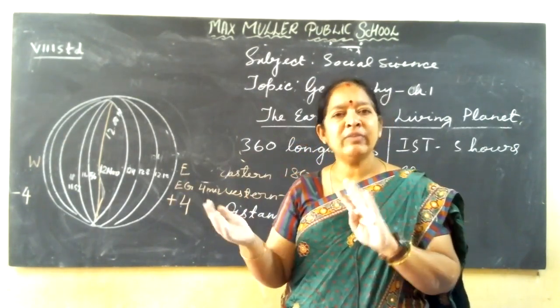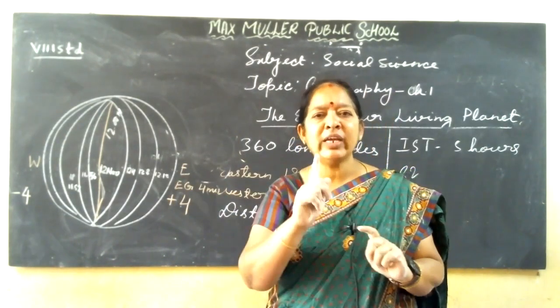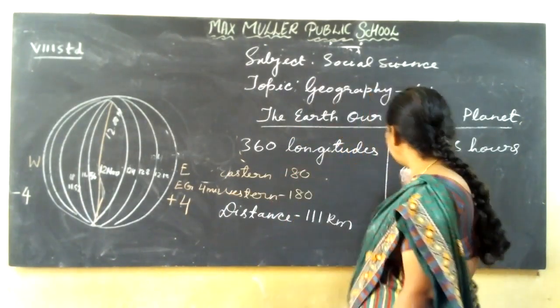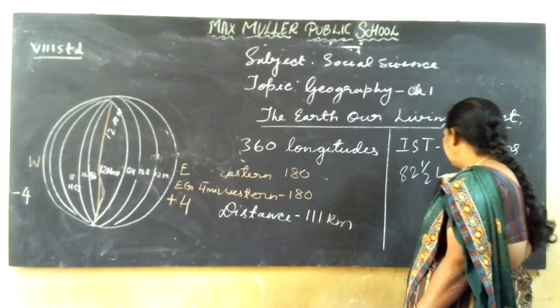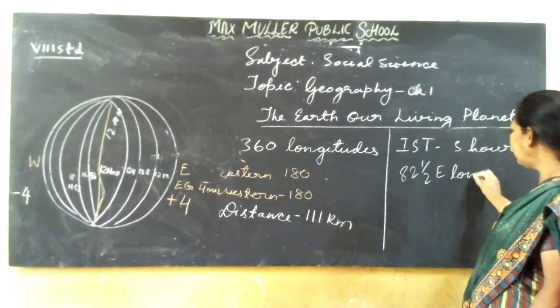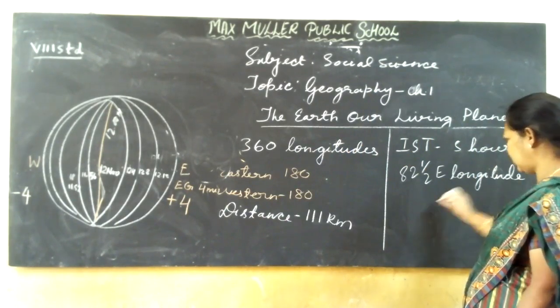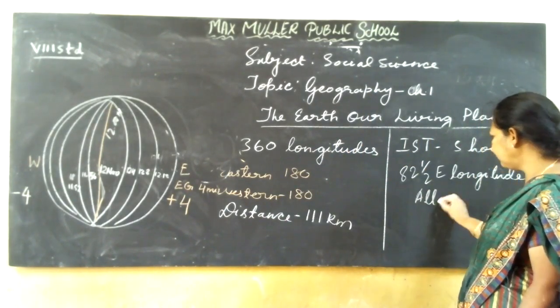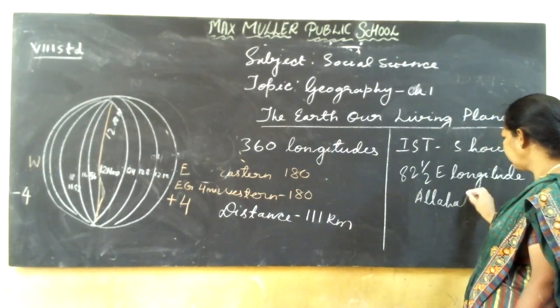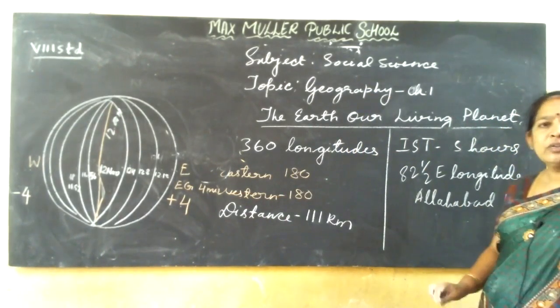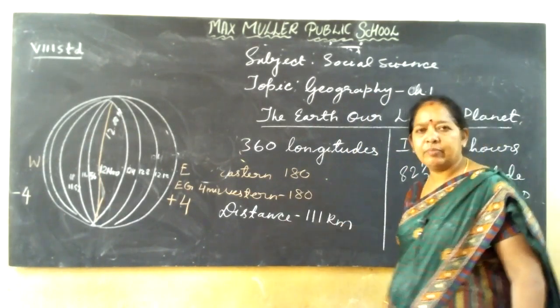India is having only one zone, and we are following only that one. That is 82.5 degree east longitude, and it passes through Allahabad in Uttar Pradesh. So that is the Indian Standard Time.